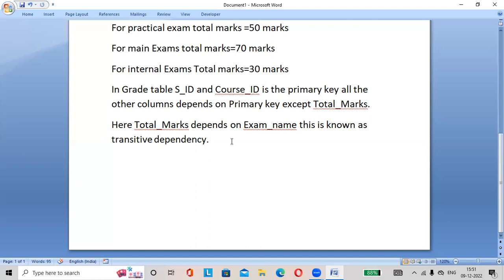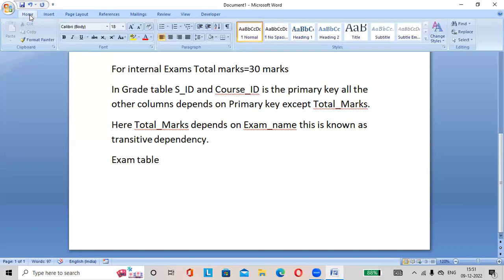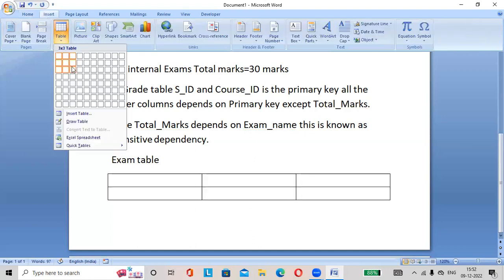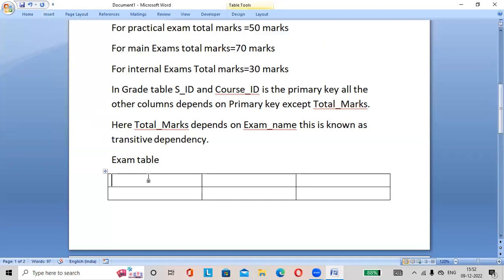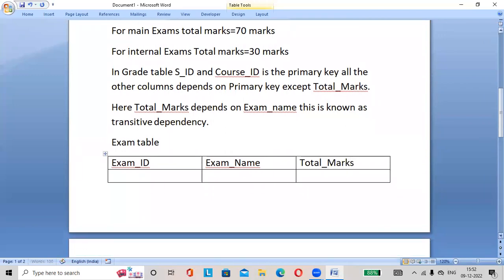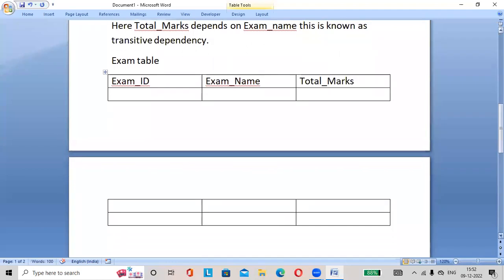The solution is to create one separate table by the name exam table, with exam ID, exam name, and total marks. In this table, we'll store the exam details and total marks.